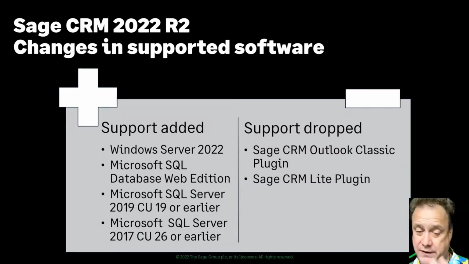So people who have the ability to provide access to web edition. It is another one of these changes that we've done in order to drive down the total cost of ownership. We've updated the support for SQL Server 19 and 17, and you can see there that we have messaged that we have dropped the Outlook Classic and Outlook Lite plugins.